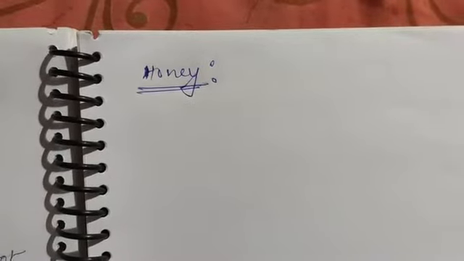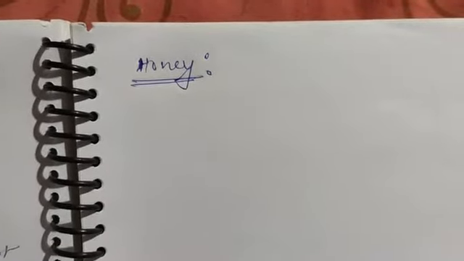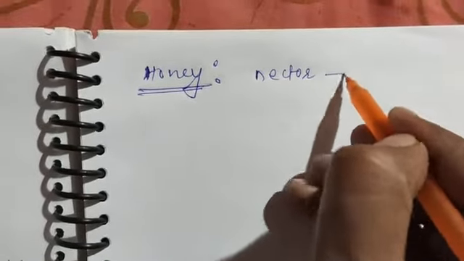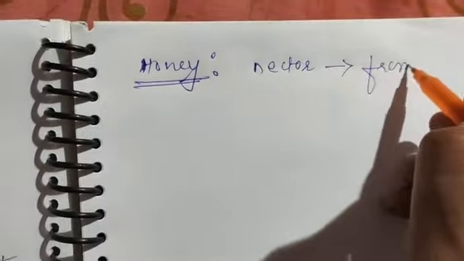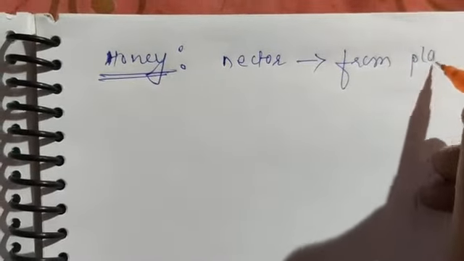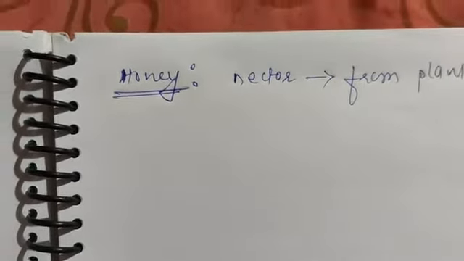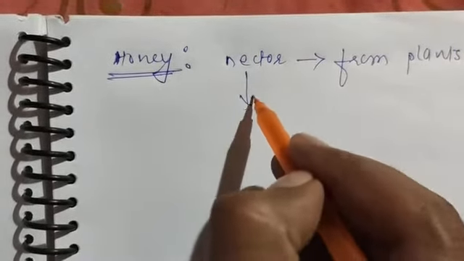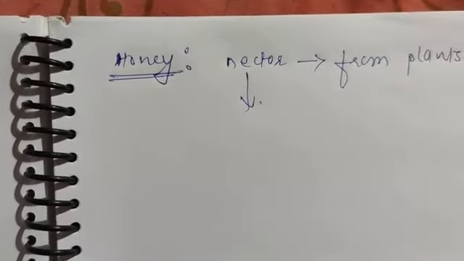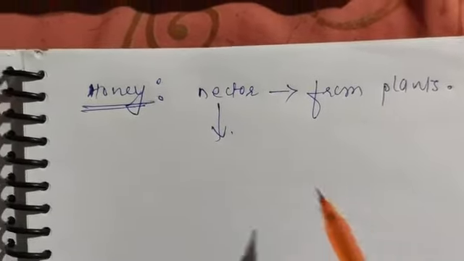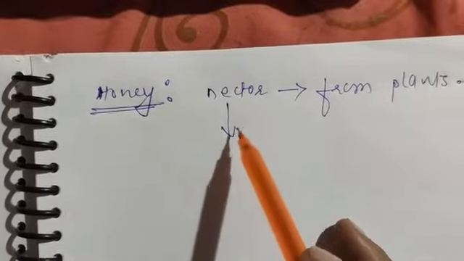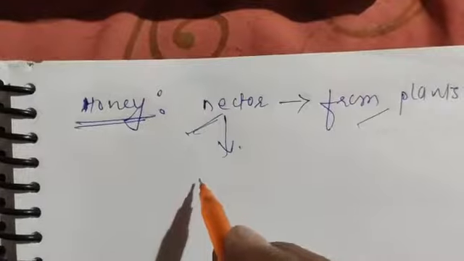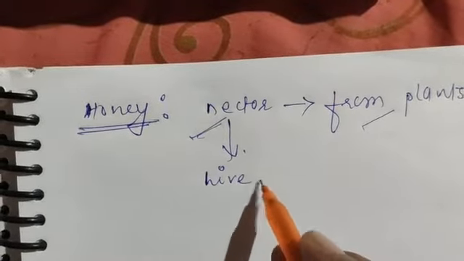A group of honeybees collect nectar from plants. This nectar is collected in the hives.